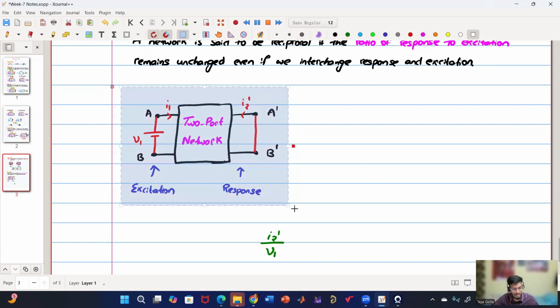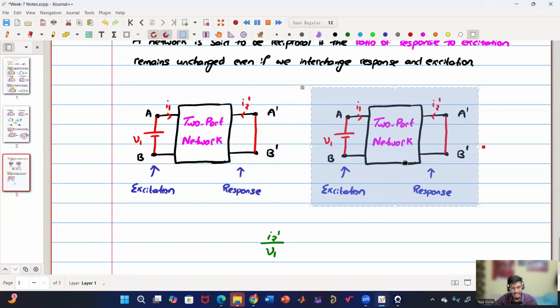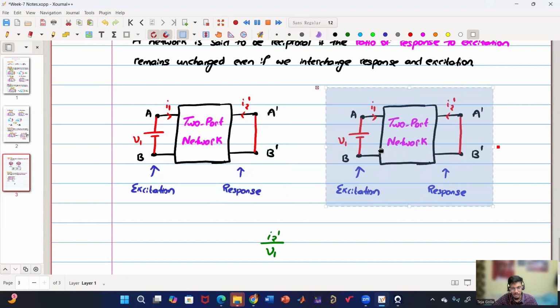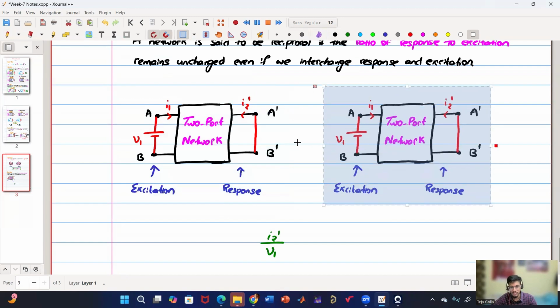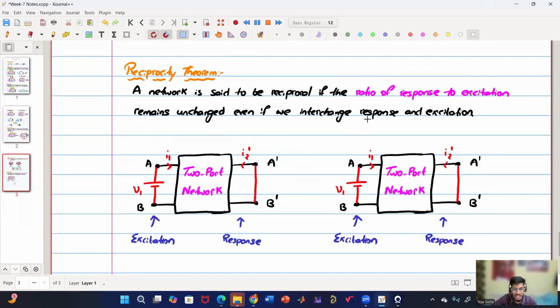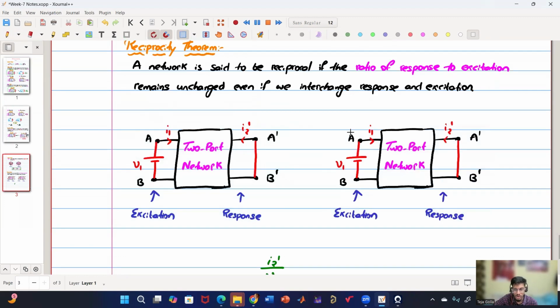Now we'll do the other way around. The ratio will not change even if you interchange the response and excitation, right? So now we'll interchange. By interchanging, we are now exciting with the current source.